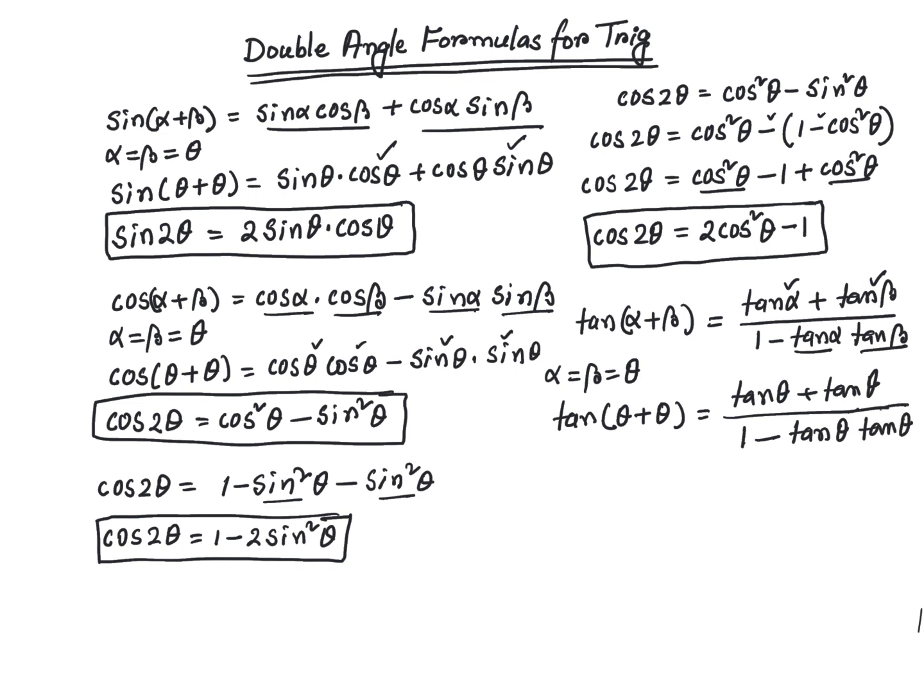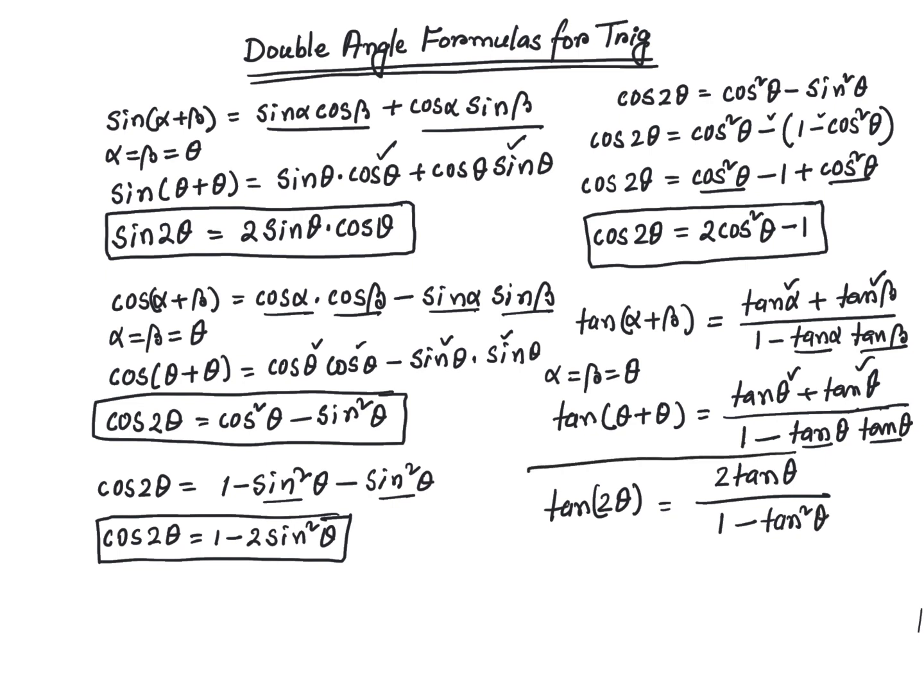Now if I simplify it, on the left hand side I'm going to get tangent of 2 theta, because theta plus theta is 2 theta, equal to tangent theta plus tangent theta, which is 2 tangent of theta, divided by 1 minus tangent theta times tangent theta, which is tangent square of theta. So this is the double angle formula for tangent 2 theta.